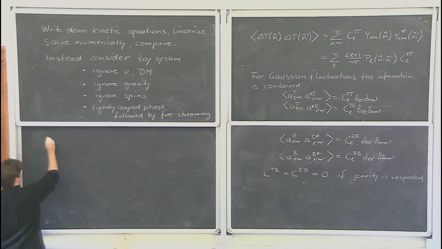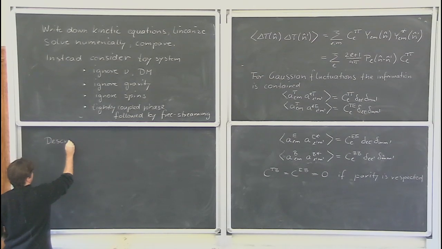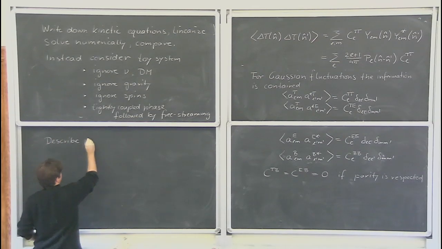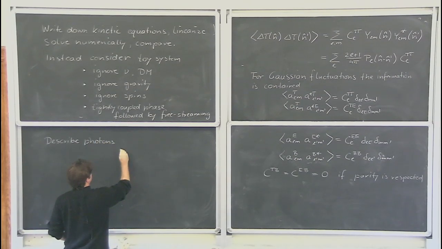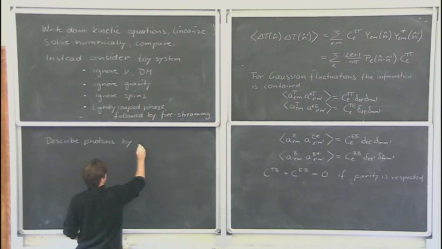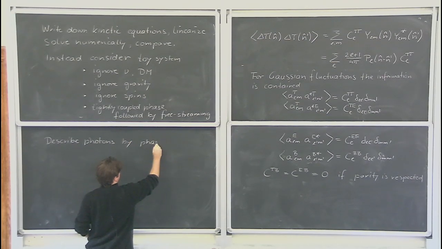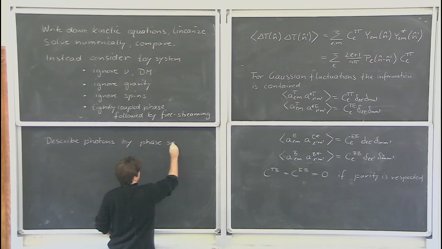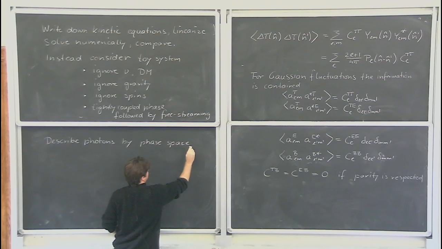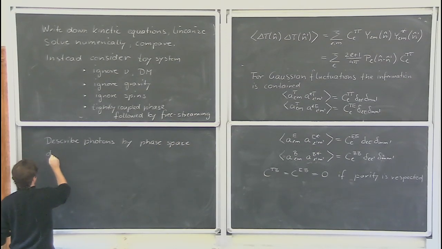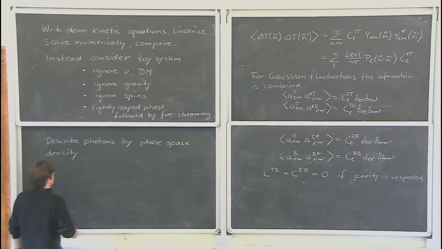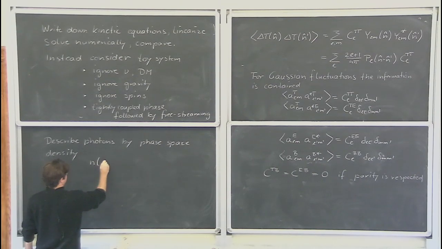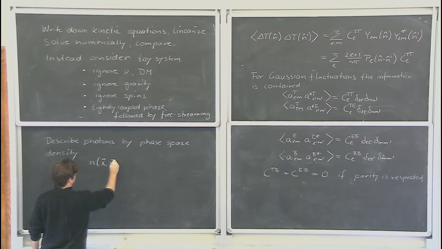So we describe the photons in terms of, or by their phase-space density, which I'll write as n of x, p, and t.